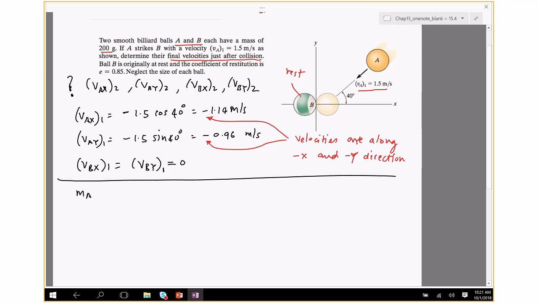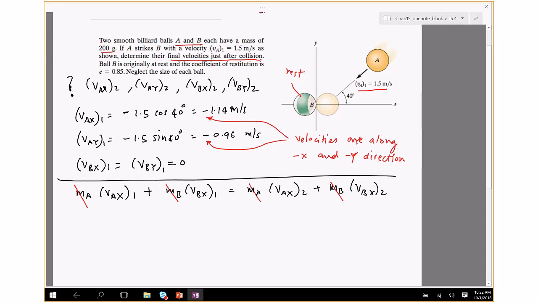Mass of A, velocity of A in the x direction plus mass of B, velocity of B in the x direction before impact equals mass of A, velocity of A in the x direction after impact plus mass of B, velocity of B in the x direction after impact. All the balls have the same mass, so you can just cancel masses.